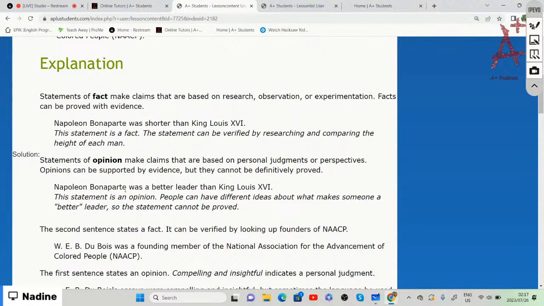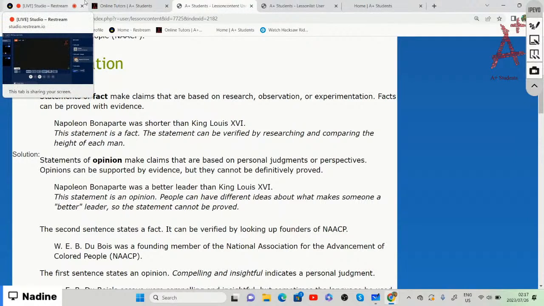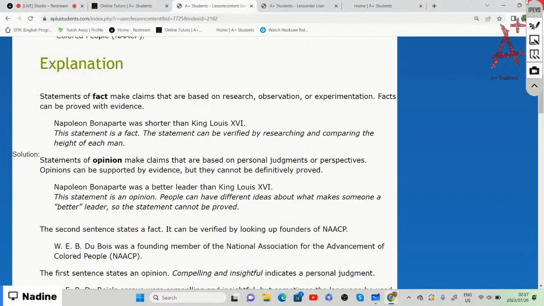And yes, of course, we do have certain opinions that are supported by evidence, right? But most of our opinions cannot be proven. And the reason why it cannot be proven is because it is basically just our opinion. It is our personal judgment. It is basically our perspective on what we think is correct.